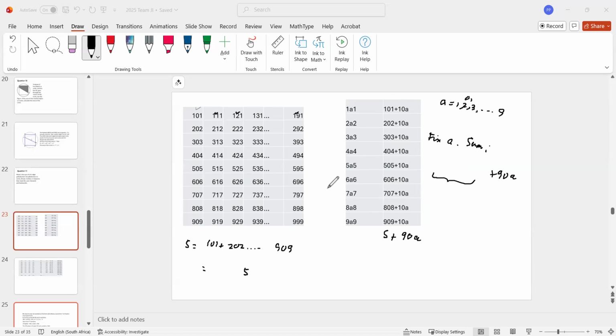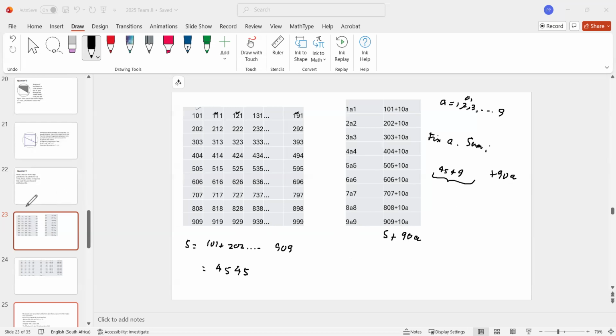Right? So you've got 45 in the first column, and the middle one is 0. So it's still 4. And then you got another 1 to 9, it's 45. So this S here is 4545 plus 90A. So what does this mean?